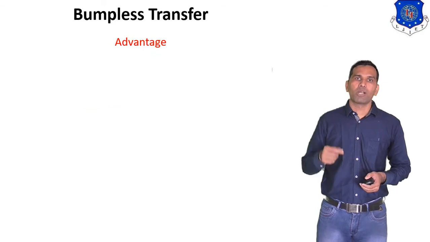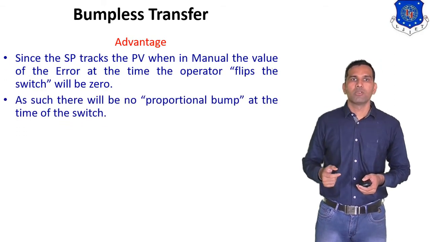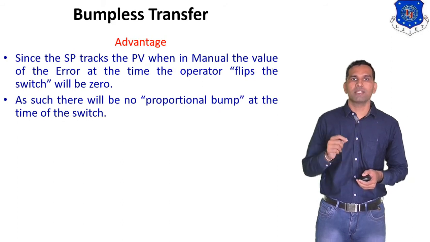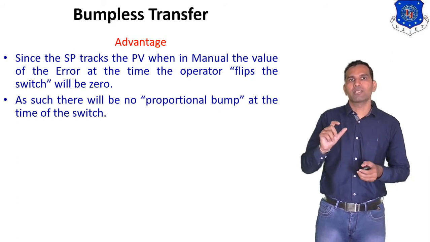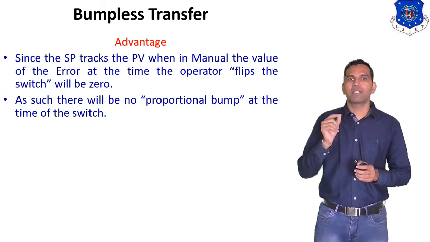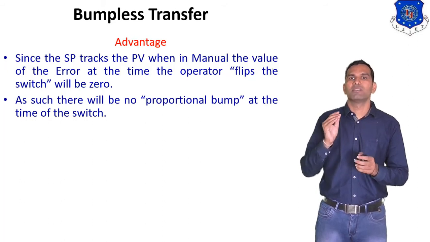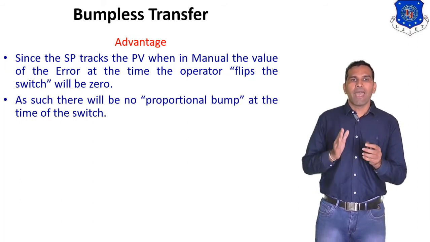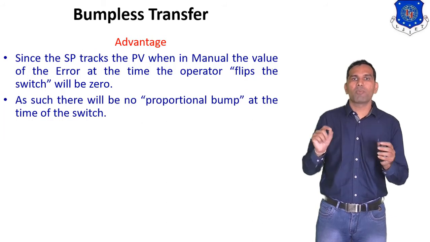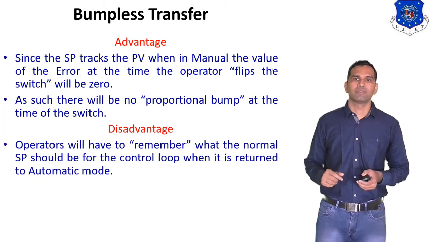So what are the advantages of this type of control system? Since the SP tracks the PV when in manual, the value of the error at the time the operator flips the switch will be 0. As such, there will be no proportional bump at the time of switch.